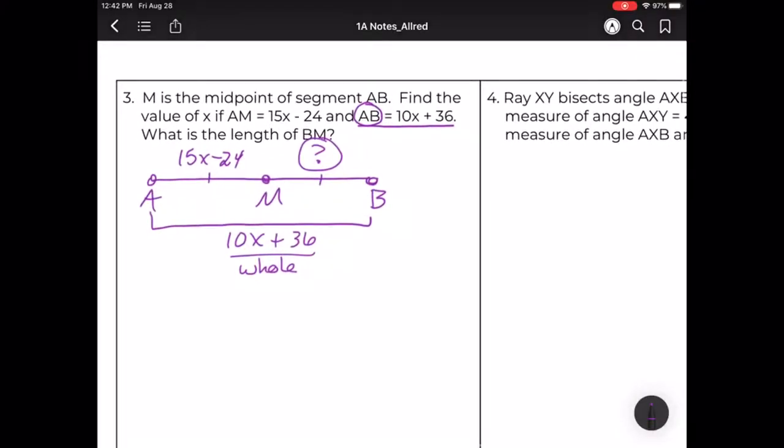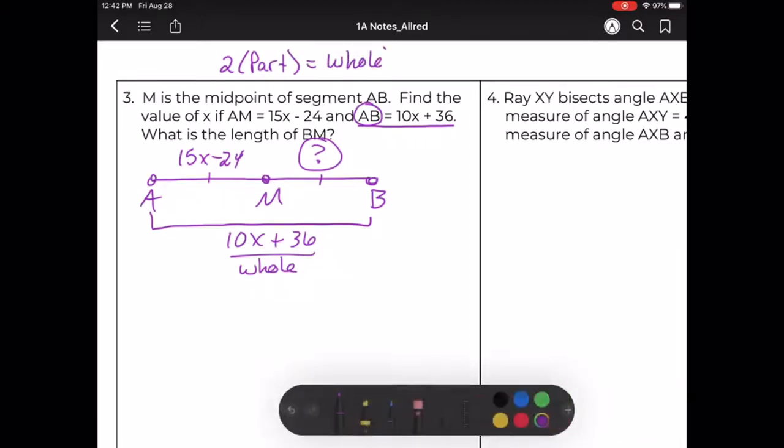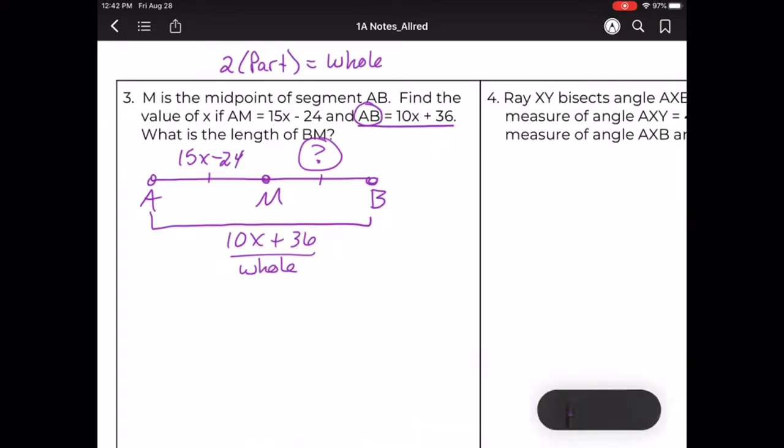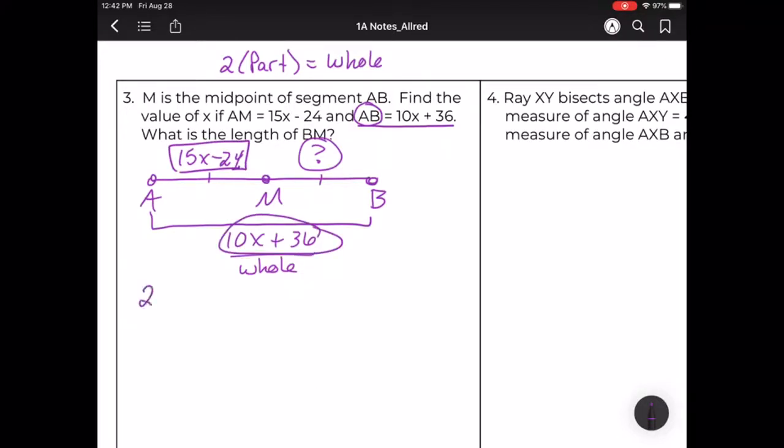I'm going to use 2 times that part value equals the whole value. So in this case, this is your part, and this is the whole.